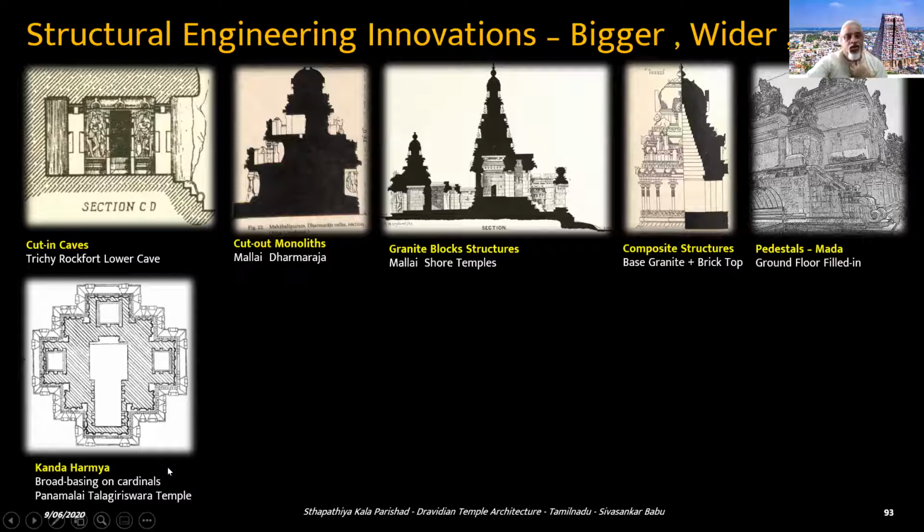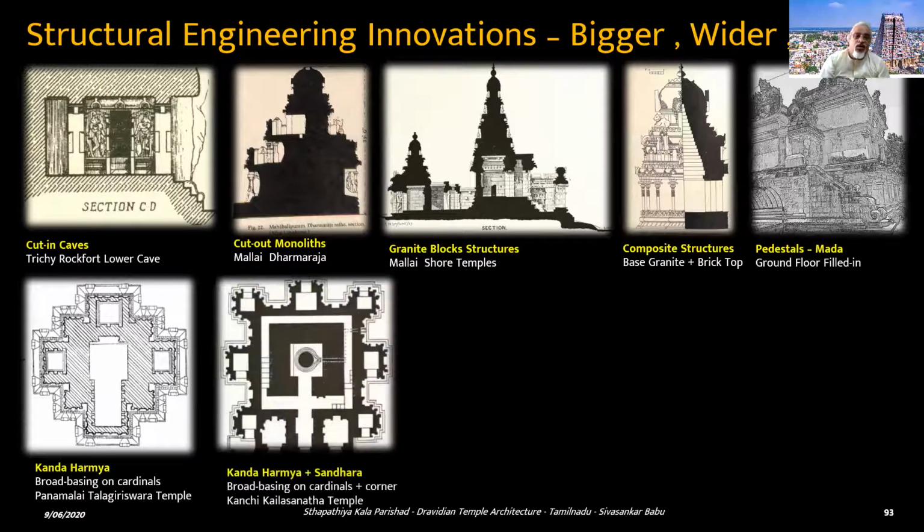The first experiment on this happened in Panamalai Talagisra by Rajasimha. Later on, he refined it in a better way in Kanji Kailasanatha by introducing Sandara also, where you have 2 levels of walls to take the load, and then you can have a bigger and a stronger Vimana.